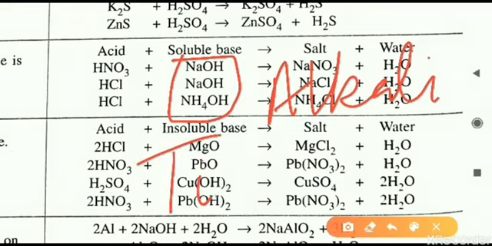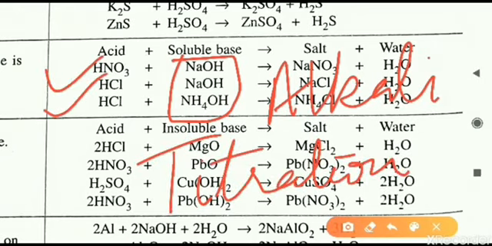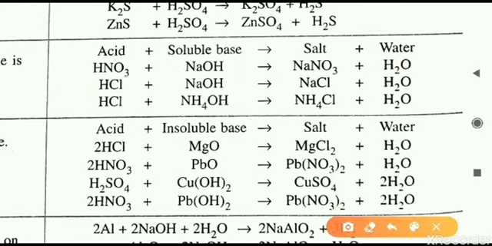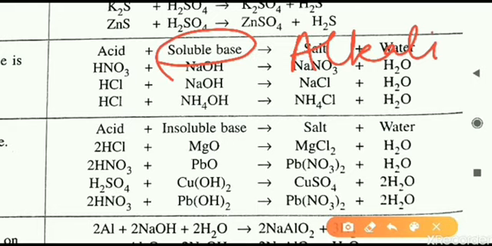It is called titration. In the general equation written here you can see soluble base. If a soluble base is there, that means an alkali is there, and that is called titration. If an insoluble base is there, then it is called a neutralization reaction. Titration is also a neutralization reaction, but it is kept as a separate category because alkalis are participating.